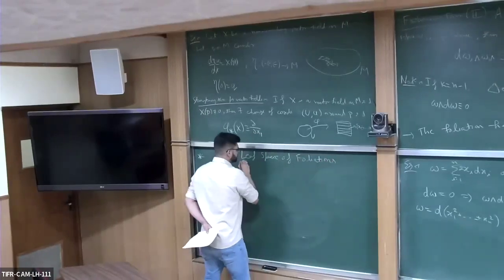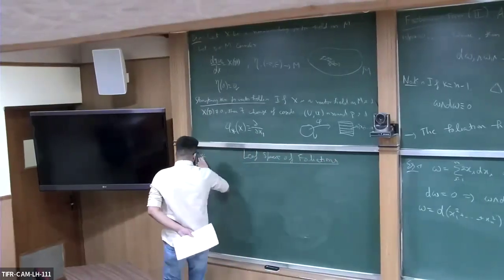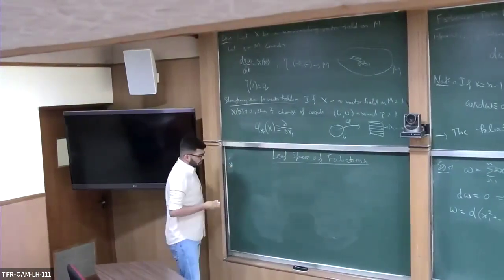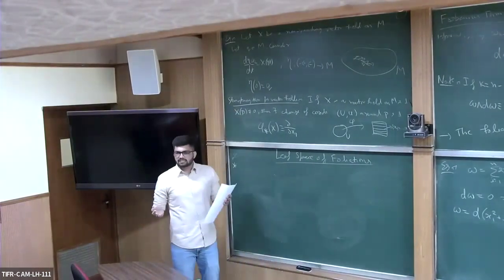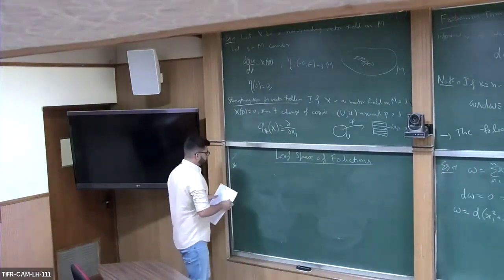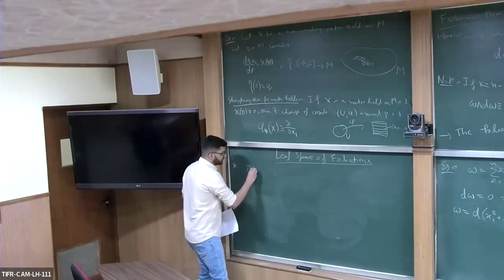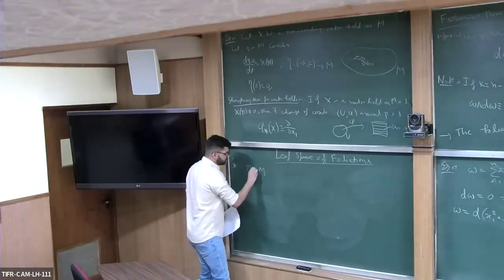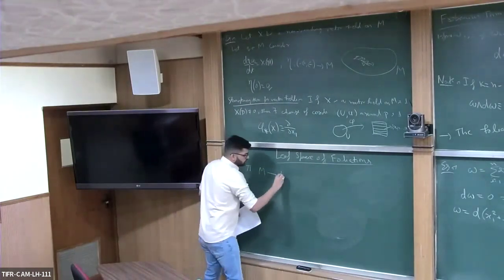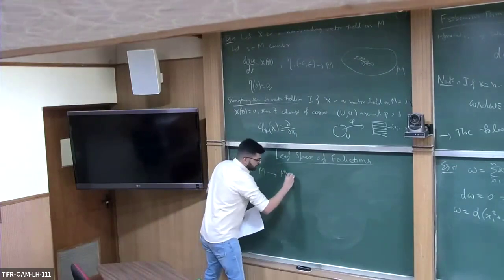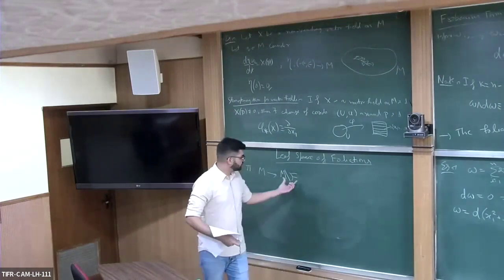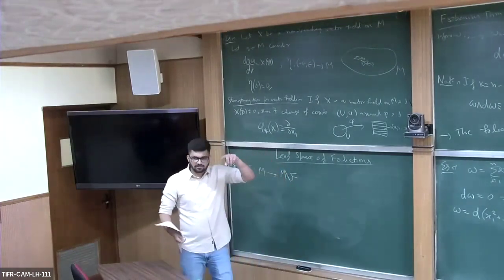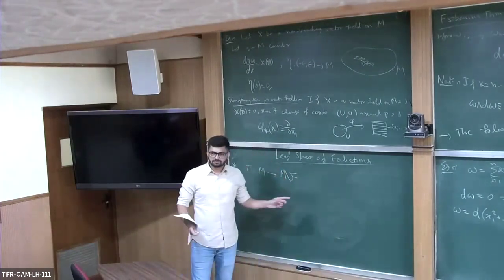Foliations. As I mentioned, the leaves are not always nice, but they are equivalence classes of some equivalence relation. So we have this map from the manifold to the manifold quotiented by the equivalence relation. This is a quotient map.